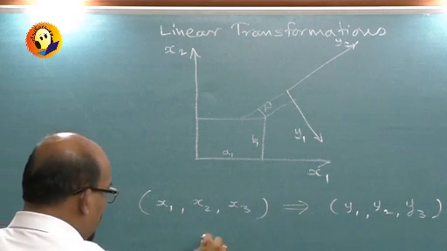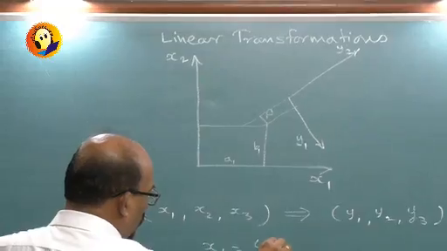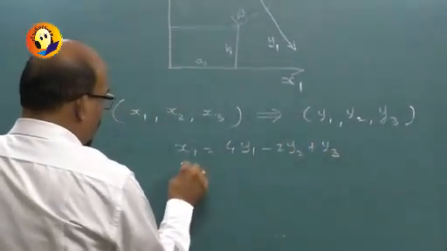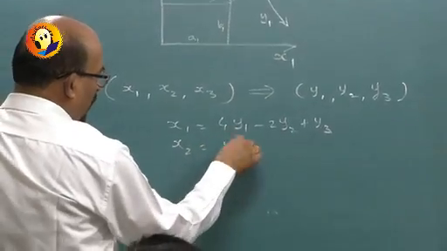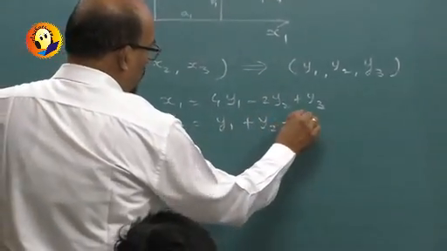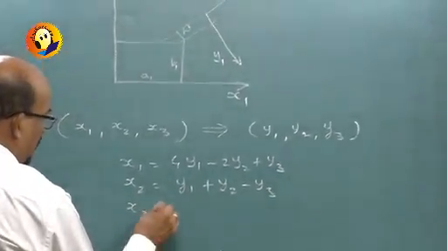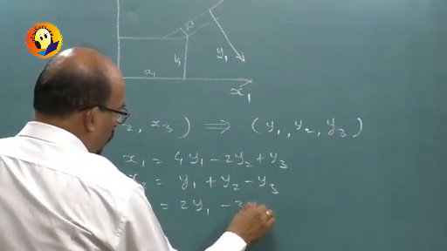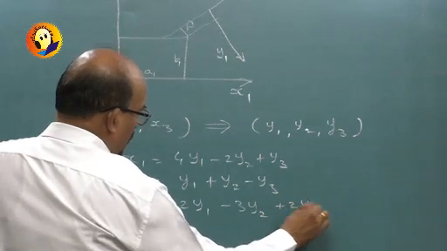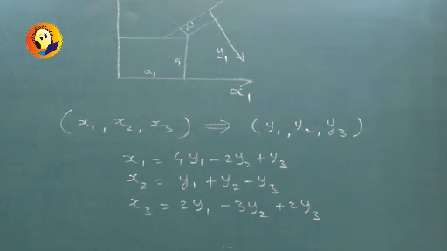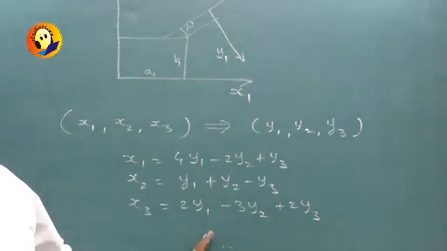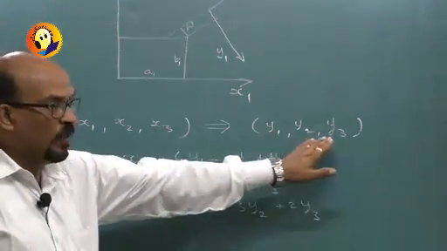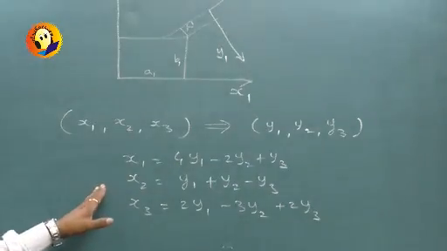You can have something like x1 is equal to 4y1 minus 2y2 plus y3, x2 could be y1 plus y2 minus y3, and x3 can be 2y1 minus 3y2 plus 2y3. This is what we call a linear transformation. Now any point which is given in y1, y2, y3, we can calculate x1, x2, x3.